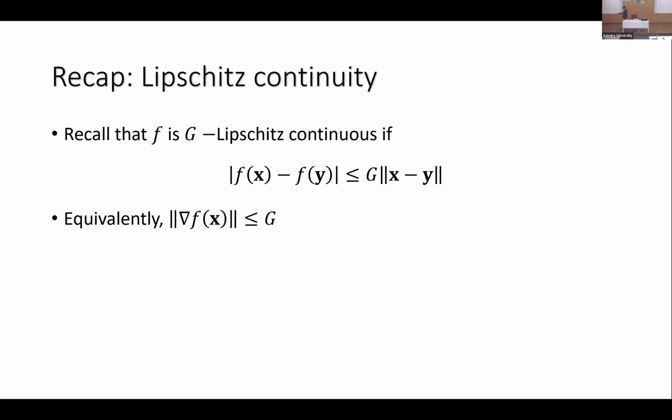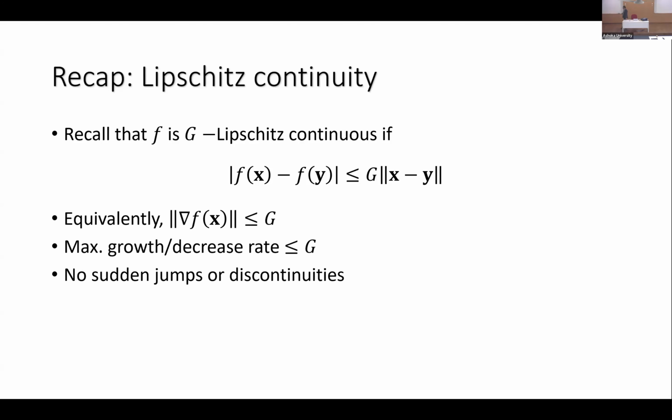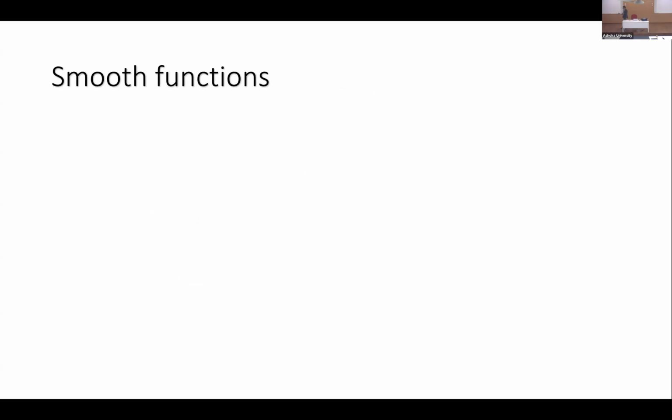Equivalently, the gradient norm is bounded by G. In other words, the growth or decrease rate is bounded by G. This is how fast it can increase or decrease at any point. And if G is not too large, then essentially you cannot have any sudden jumps. So Lipschitz continuous functions are those which do not have such sudden jumps.